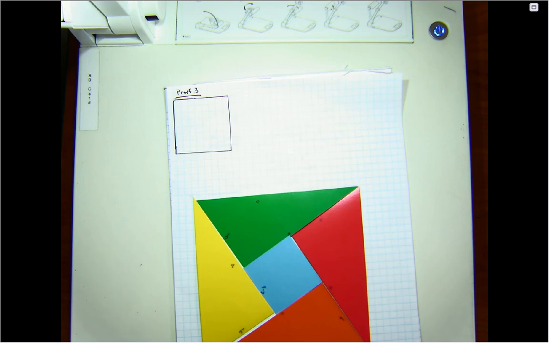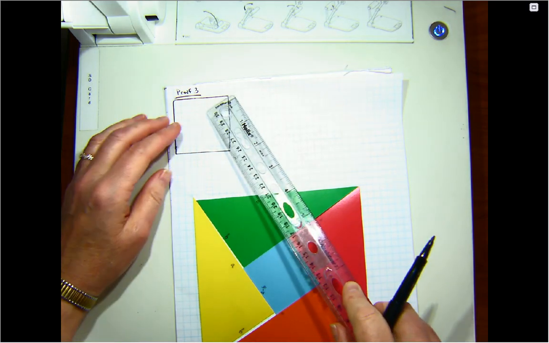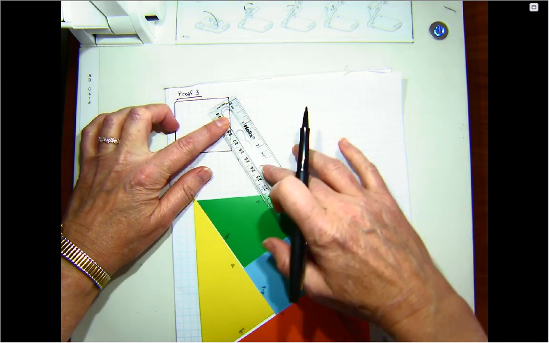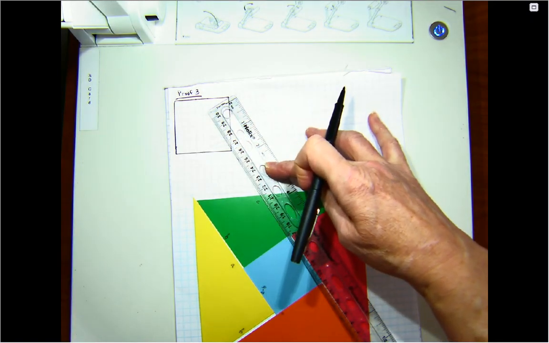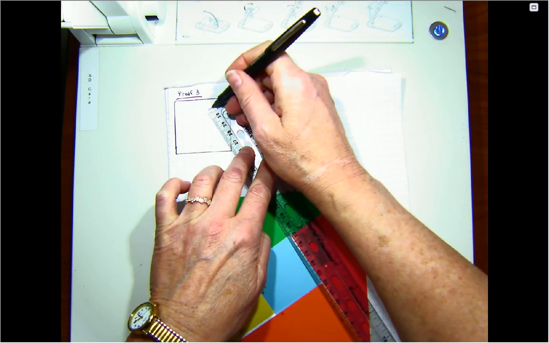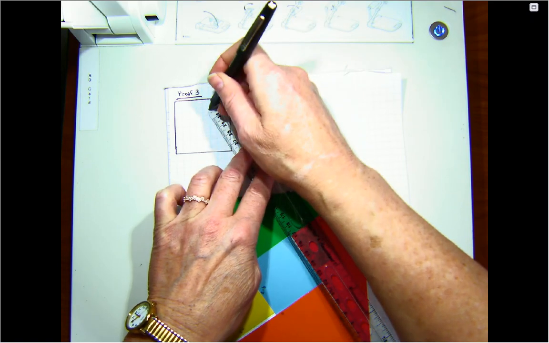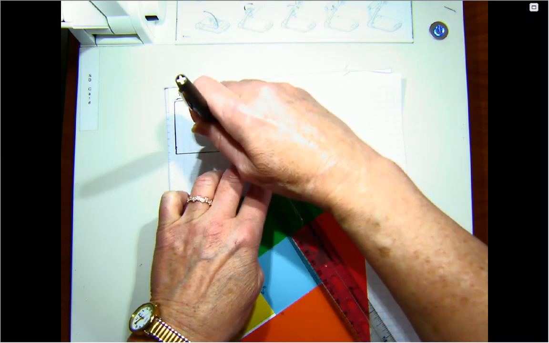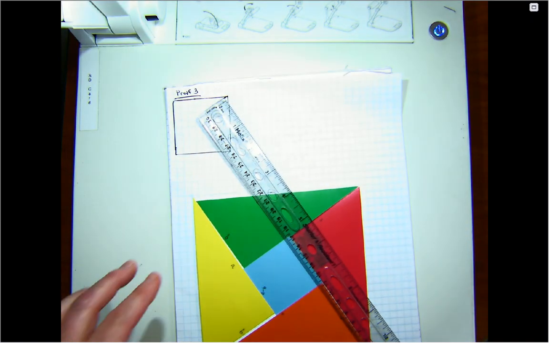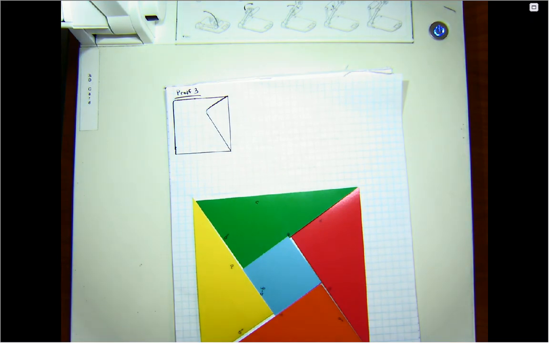Once you have your square sketch, then you use your straight edge to make the triangles. Lay your straight edge so that it has one side passing through one corner and one through another. So now my ruler is acting like the red square right here, and I'll just outline it. I have the red triangle started, and now I'll put the green one in.